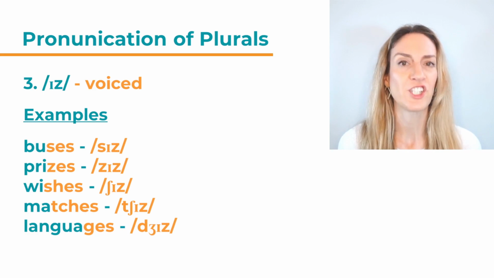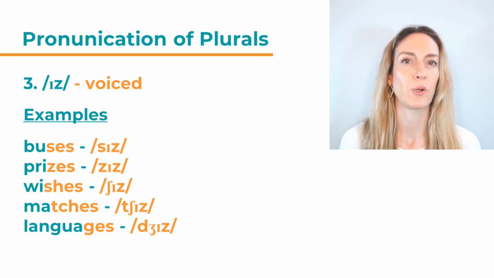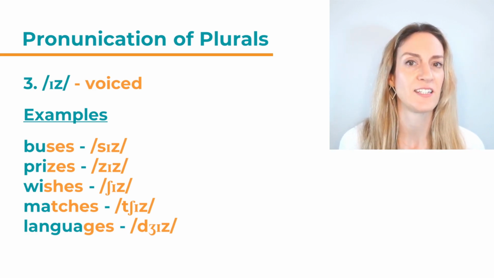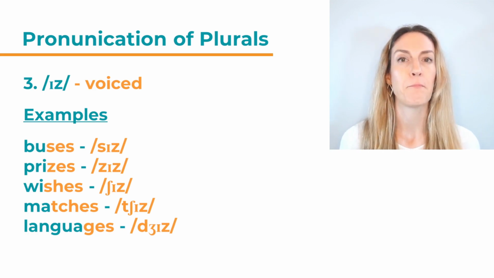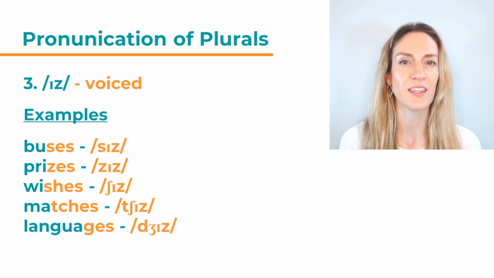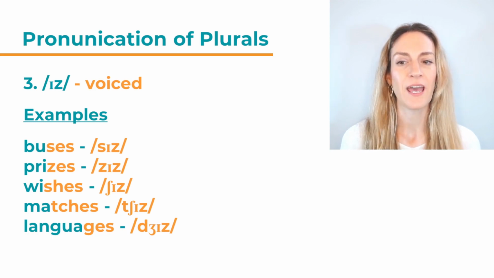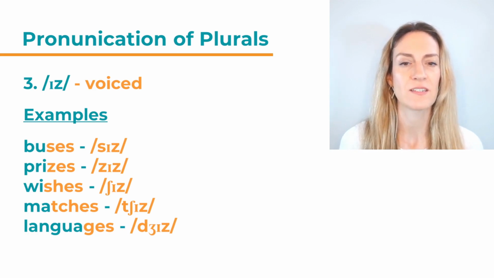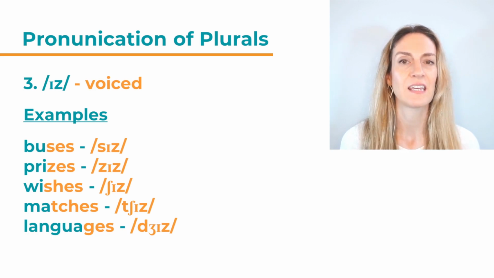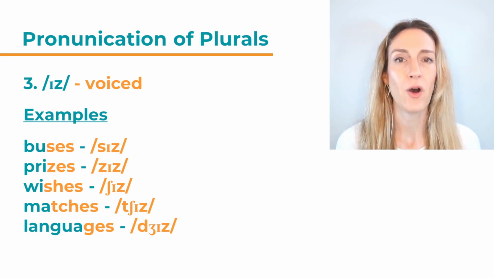Then we have wish, ending in sh, so the plural is wishes. Next we have match, ch at the end, matches. And then we had languages, so this is a j at the end, "jiz". So what do they all have in common?